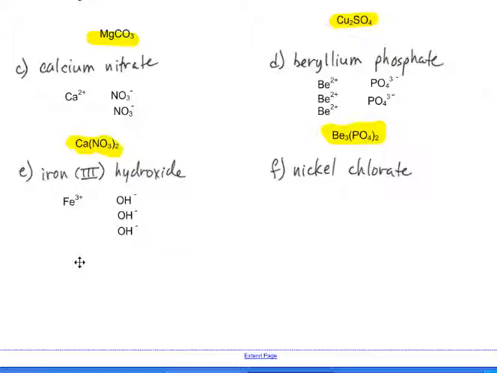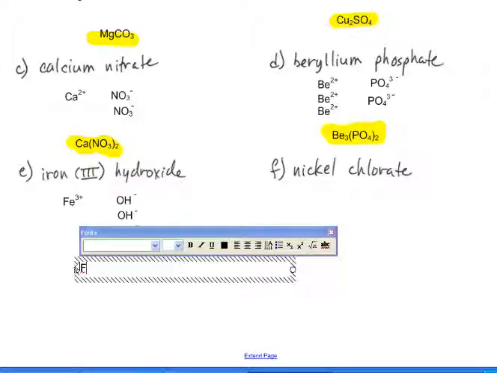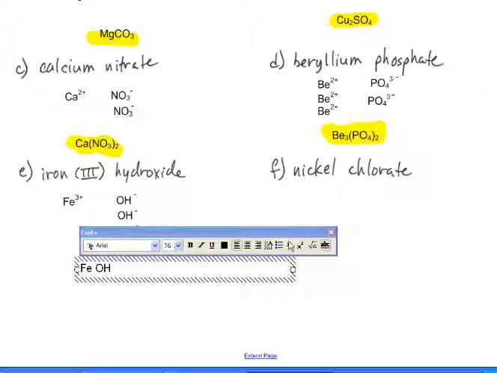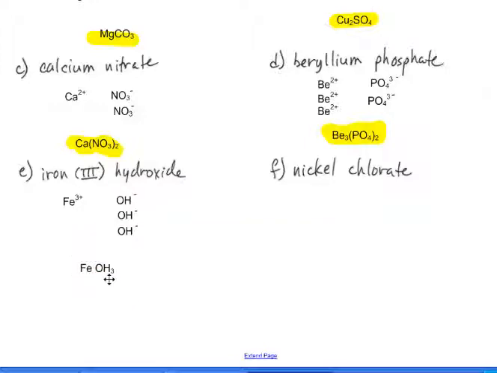balance out perfectly. So the final formula, summarizing what I just did there, 1 iron, 3 hydroxides, so I have to put a 3 over here. A common mistake that people will make is that they'll leave it like this. And this technically tells me that this 3 is only applying to the H, but I want it to apply to the whole OH group.